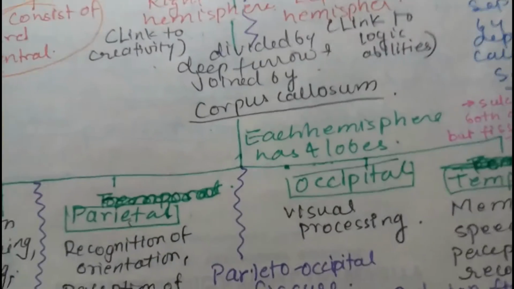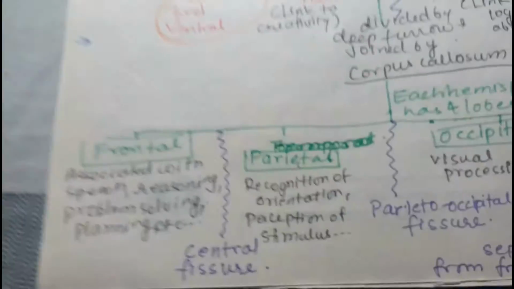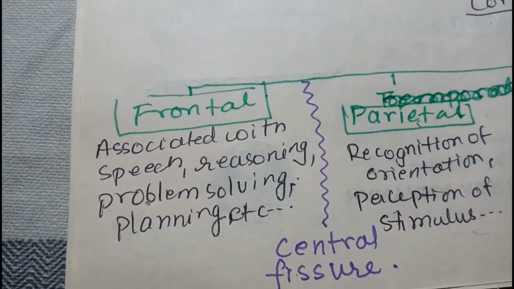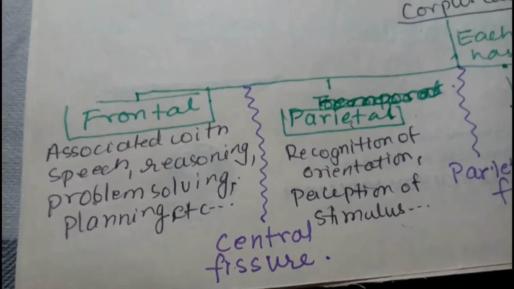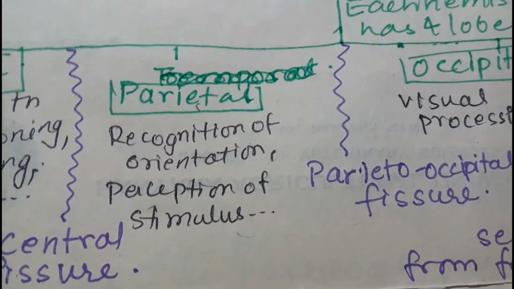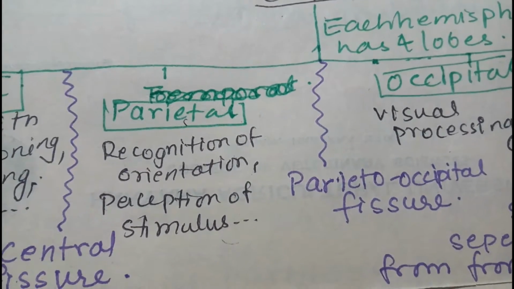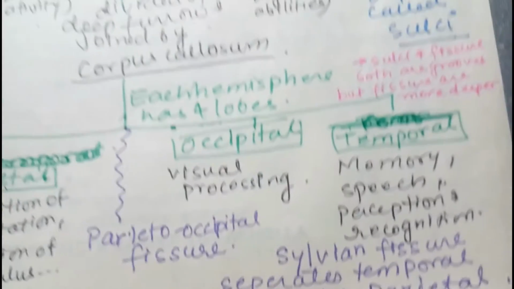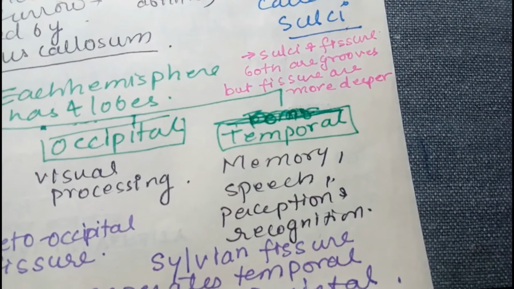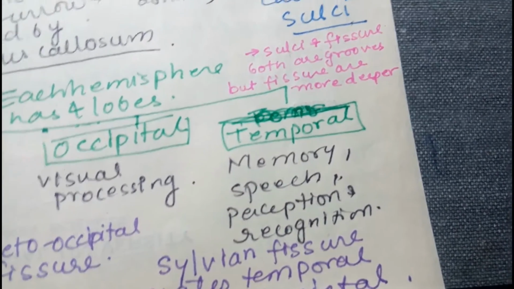Now, if you see the forebrain, each hemisphere has 4 different lobes, and these lobes contain areas which help in the processing of information. The frontal lobe is associated with speech, reasoning, problem solving, and planning. The parietal lobe is associated with recognition of orientation and perception of stimulus. Occipital is related to visual processing, and temporal to the processing of memory, speech, perception, and recognition.